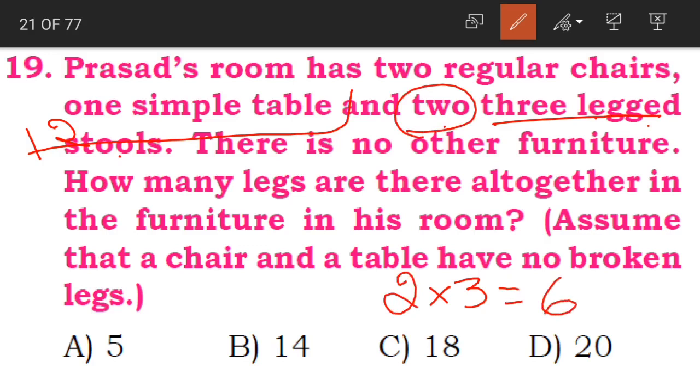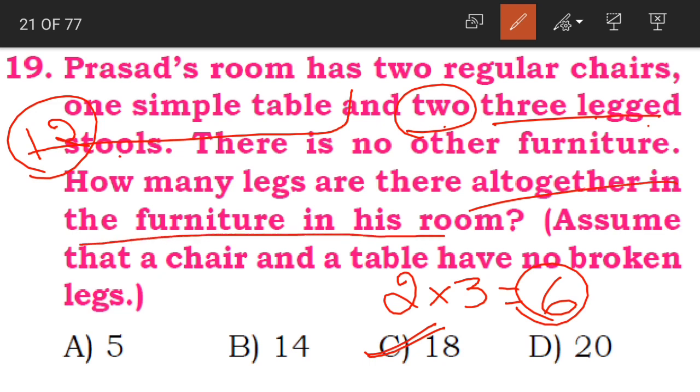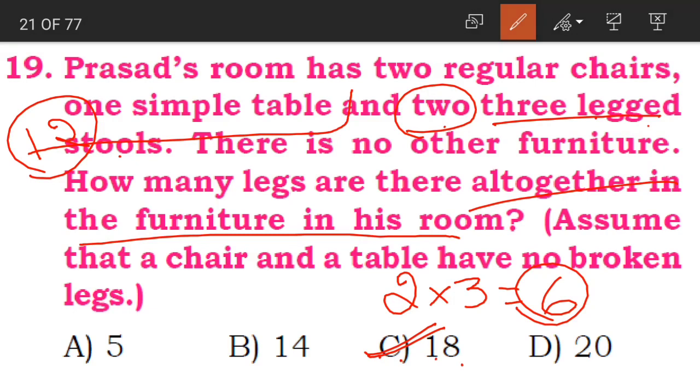So 2 3s are 6. Now 12 plus 6 is equal to how much? 18. So we can conclude that there are 18 legs altogether in the furniture in his room. Clear, children? Understood how to solve this problem?